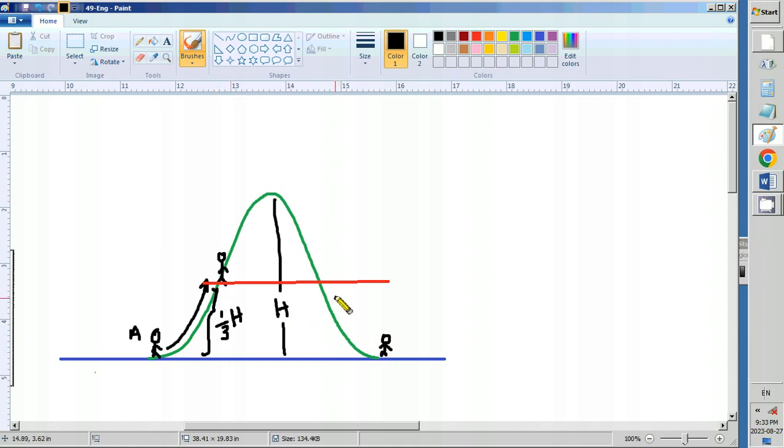Then this person also has climbed up 1/3 of capital H. Then we can say this point is equal to this point potential-wise.